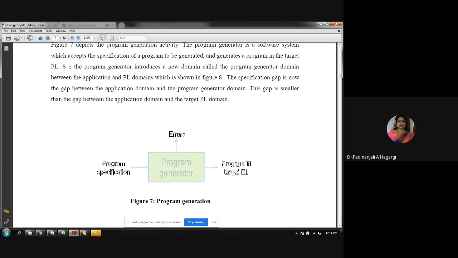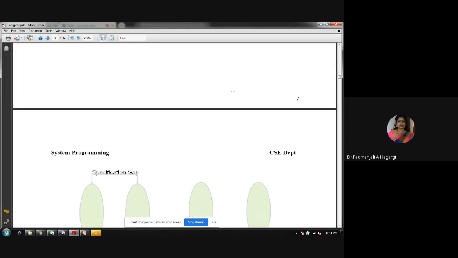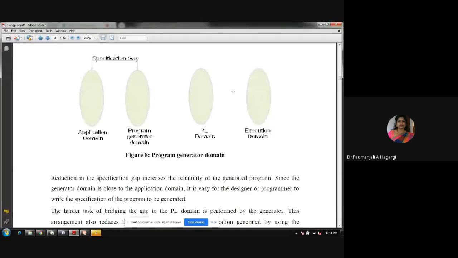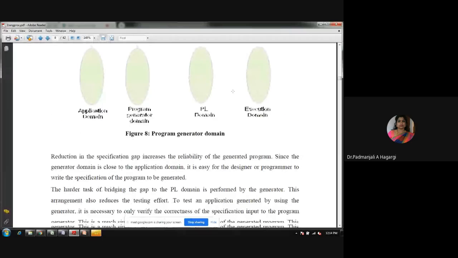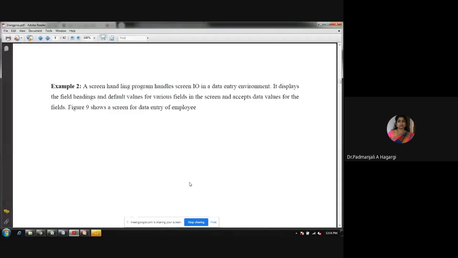This gap is smaller than the gap between the application domain and the target, because the language we make a choice of itself reduces the specification gap. So it increases the reliability of the generated program. That's why we go for the higher versions of the language. The harder task of bridging the gap to the programming language is performed by the generator.